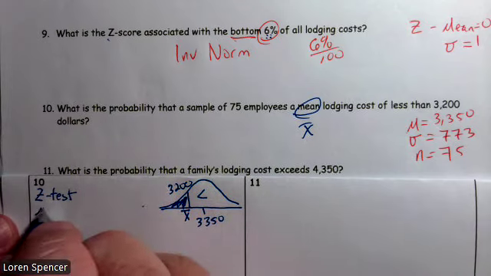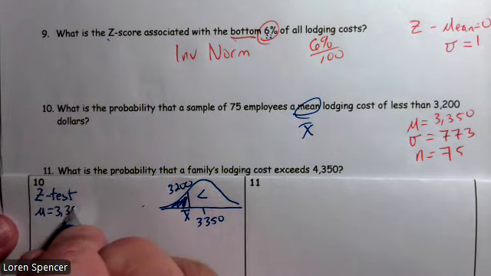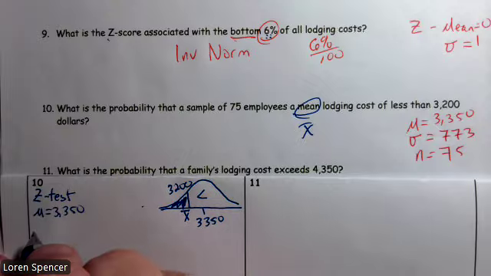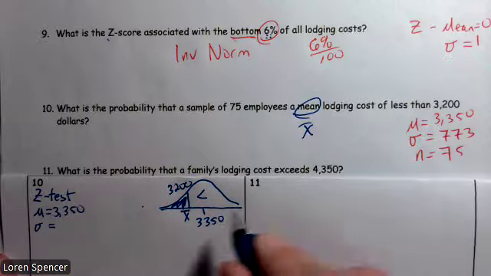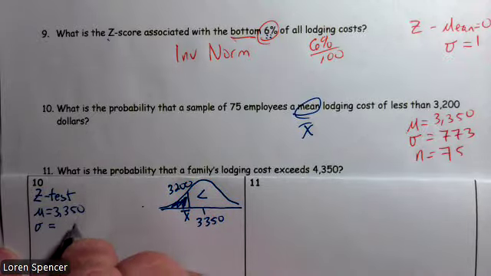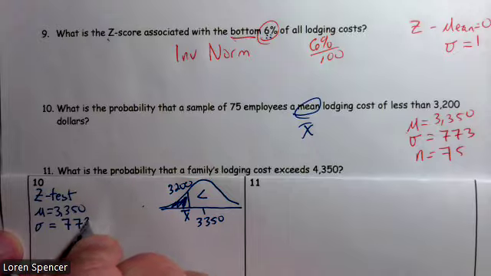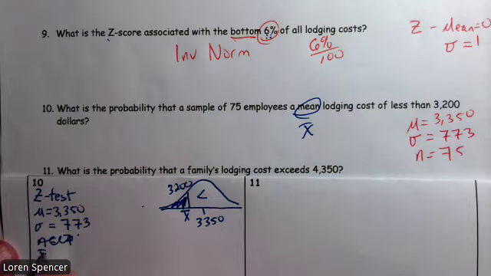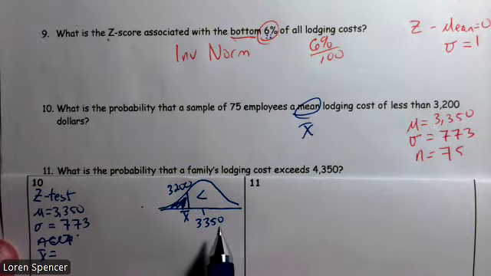And we know our mean is 3,350. Please remember, if it's written in blue, I need to see it. Standard deviation, in this case, is 773. N happens to be 75. Excuse me, need to do X bar first, because that's what's going to be on the calculator.